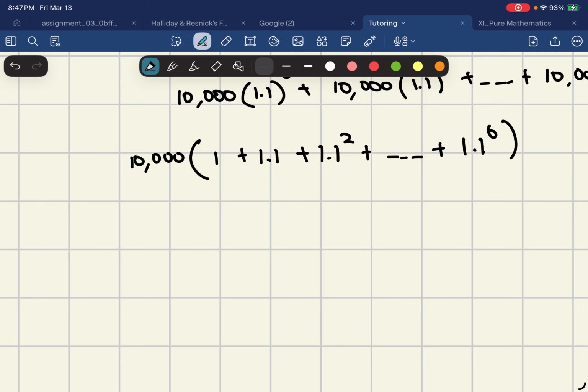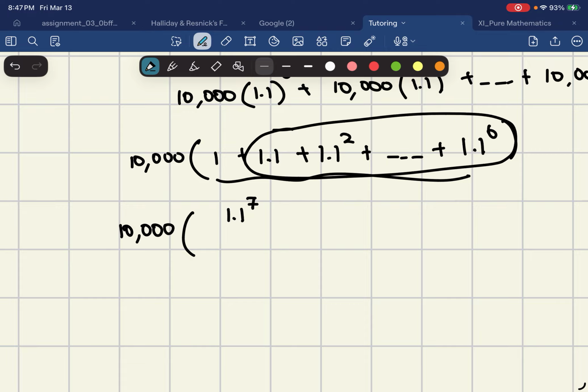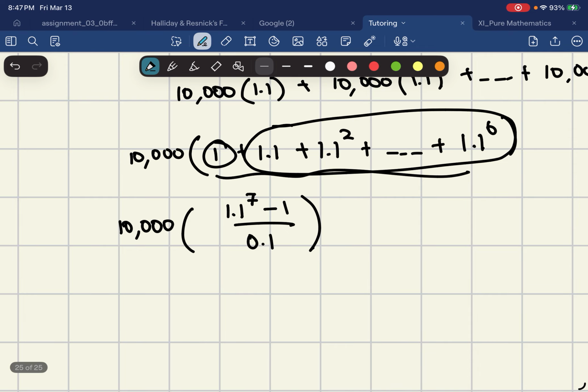And this is a geometric sequence. So you just keep 10,000, and you can use the geometric sequence formula to add these up. A is just 1, so I don't need to write it out. How many terms do we have? We have 7 terms, and r is 1.1. We have 6 terms with power ranging from 1 to 6, and then 1 term with the power 0. So 1.1 to the power 7 minus 1, divided by 0.1, since 1.1 minus 1 is just 0.1.